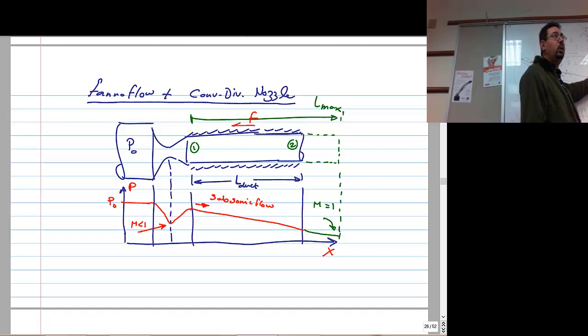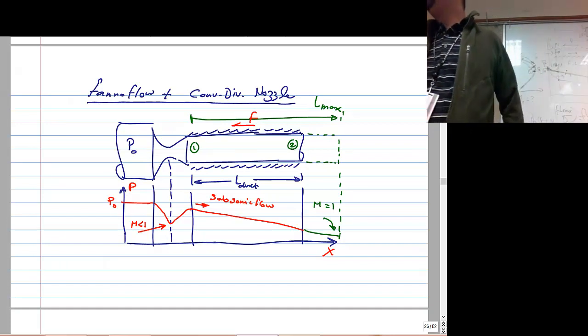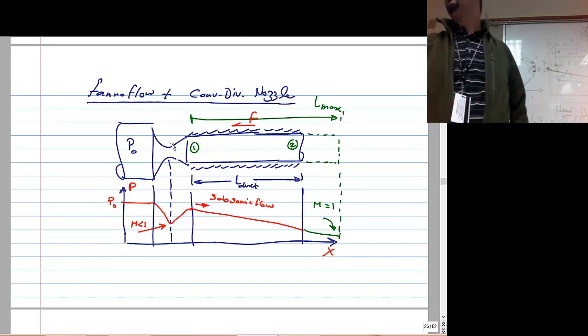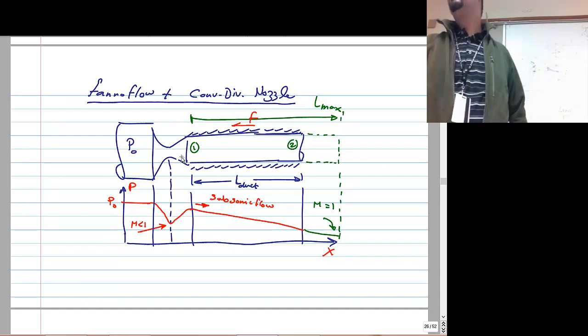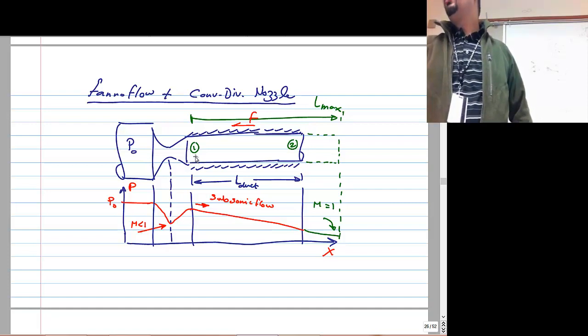There's no other place where you can go to Mach 1. But with a converging-diverging nozzle, you could actually hit supersonic flow in the nozzle. But for that to happen, the flow shouldn't hit Mach 1 in the duct before it hits it at the throat.